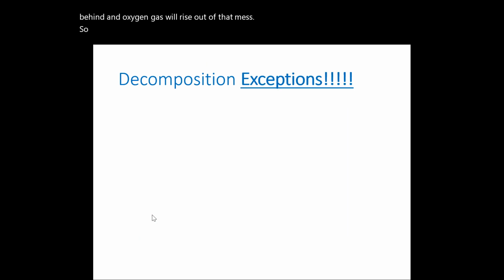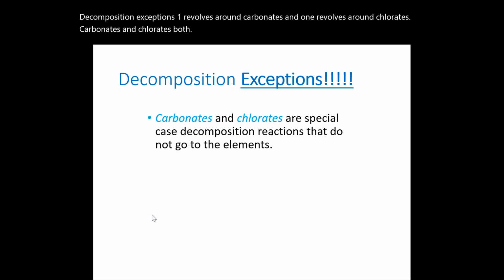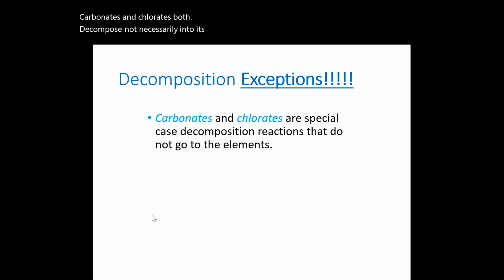So there are two subtle, odd decomposition exceptions. One revolves around carbonates and one revolves around chlorates. Carbonates and chlorates both decompose not necessarily into their elements, but into smaller compounds in a very organized way.